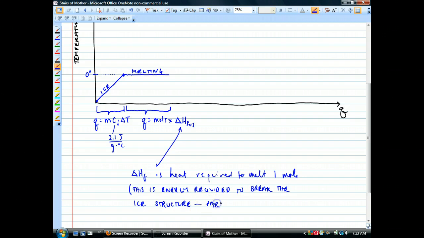Partially break the hydrogen bonds. That should say FUS for fusion. This means fusion, which means melting. Fusion is melting.